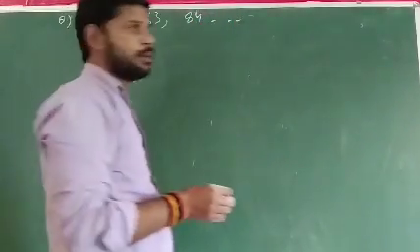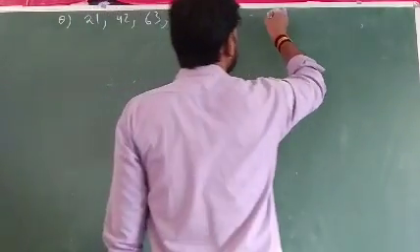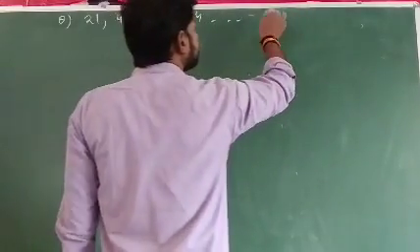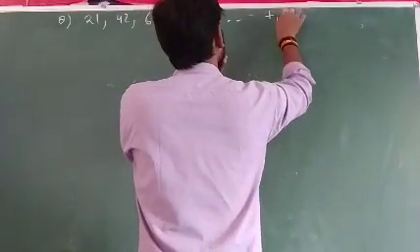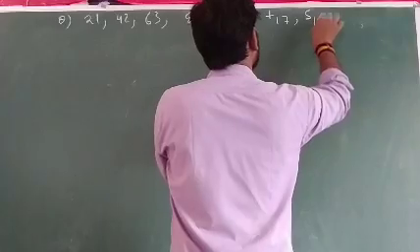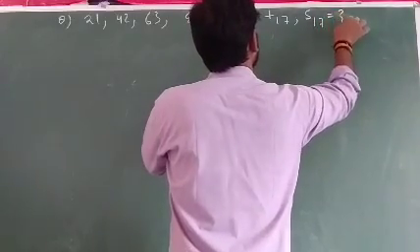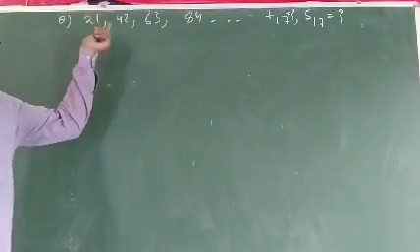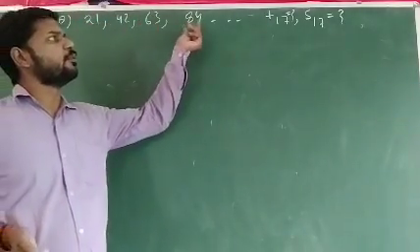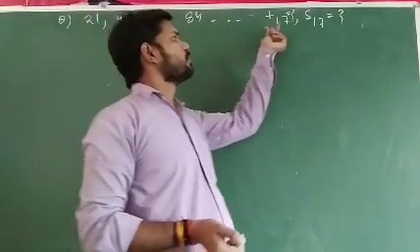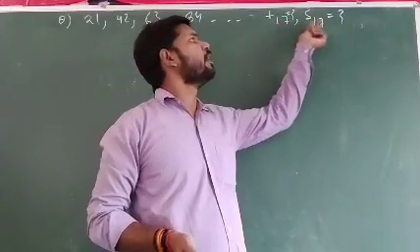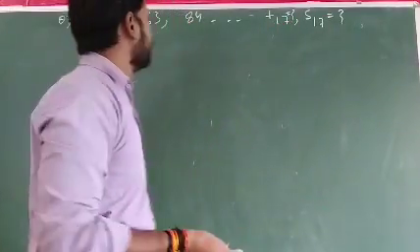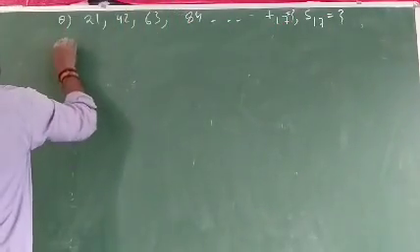It is asked that you find T17 and S17. You have to calculate both the terms. It is given to you 21, 42, 63, 84, and so on, and it is asked to find T17 and S17.